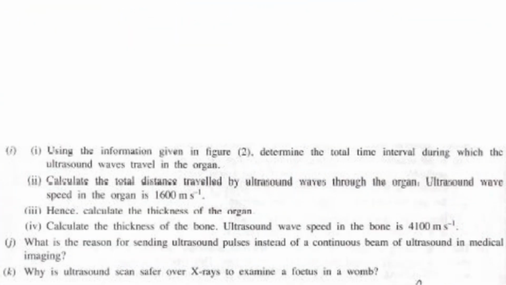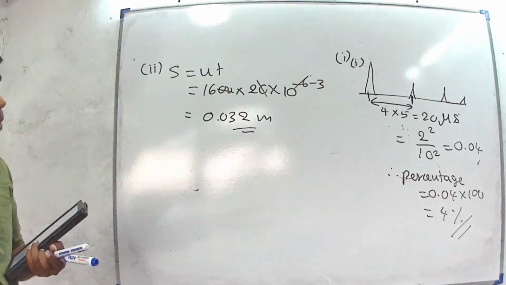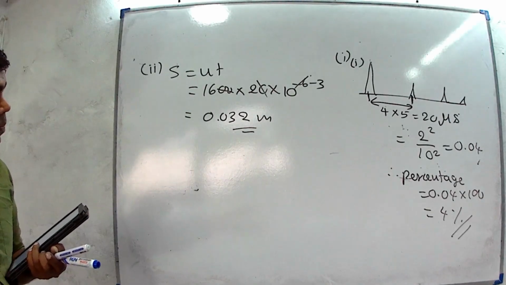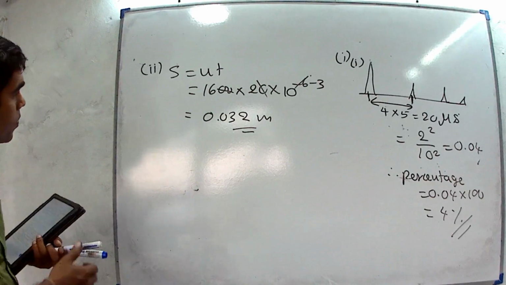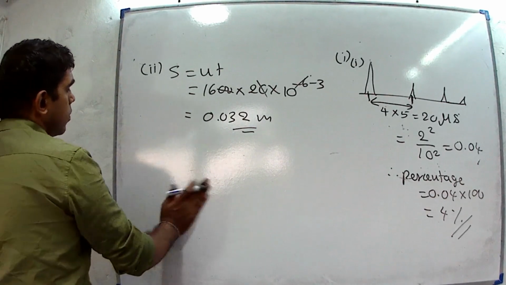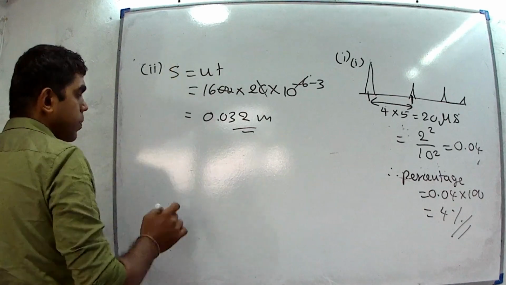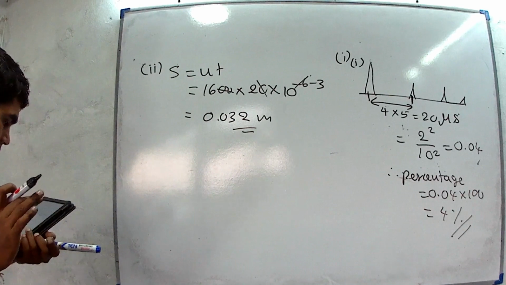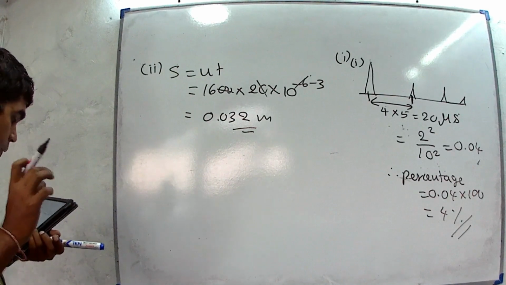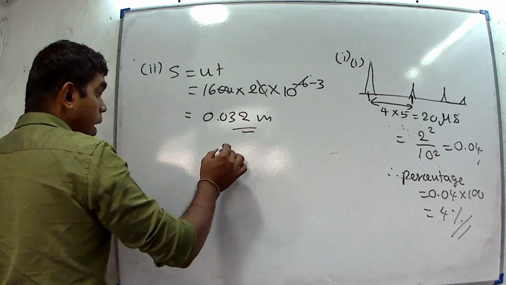In part 3, hence calculate the thickness of the organ. When calculating thickness, we have to divide this value by 2. It means you can use the first diagram, figure 1.